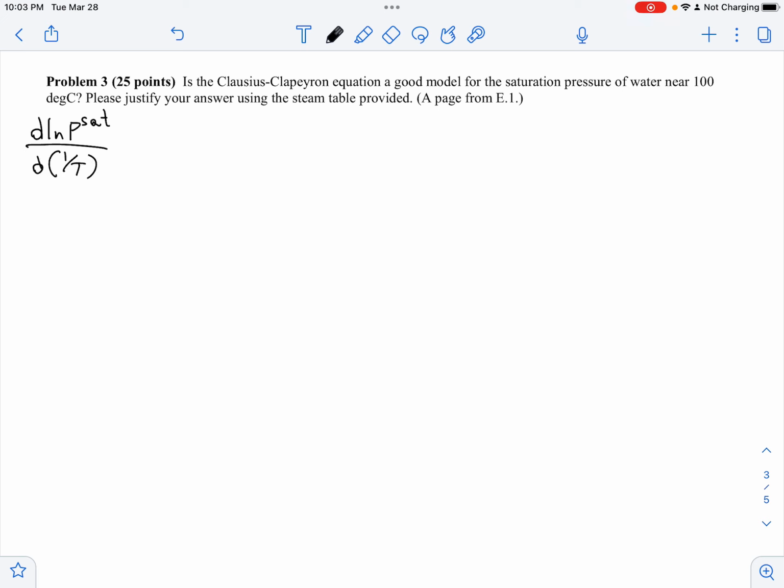And remember that students will have equation sheets that will tell them these equations.